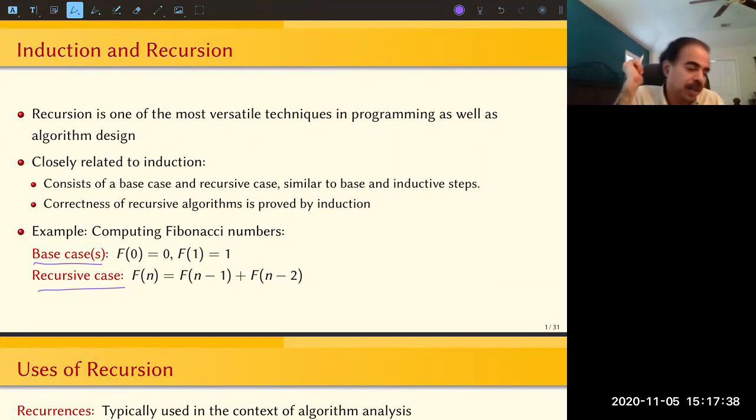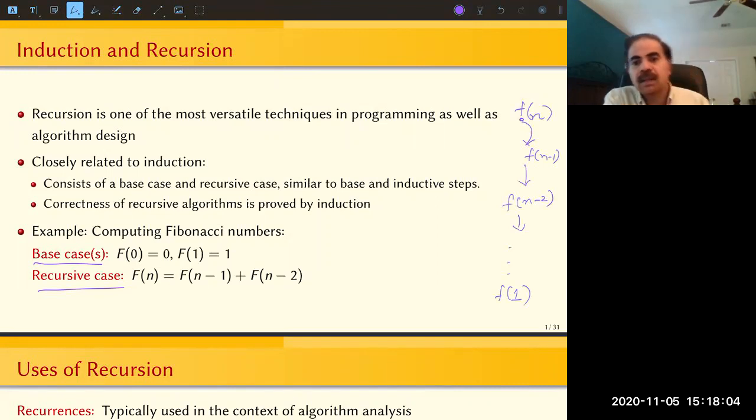The way the two relate is that recursion starts at some number n, and then you call the function. So there is a function on n that ends up calling function of n minus 1, n minus 2, and so on, all the way up to, say, function on 1, right? So this is a typical nature of how recursive calls work.